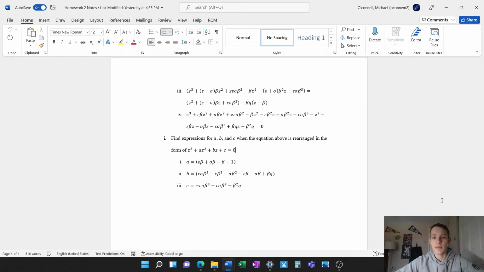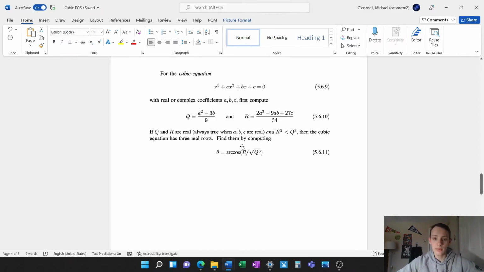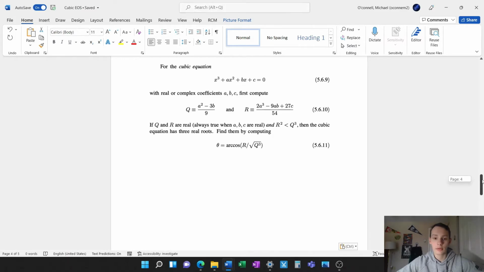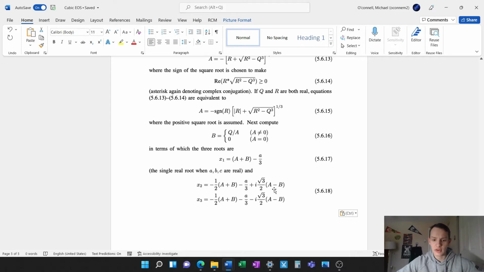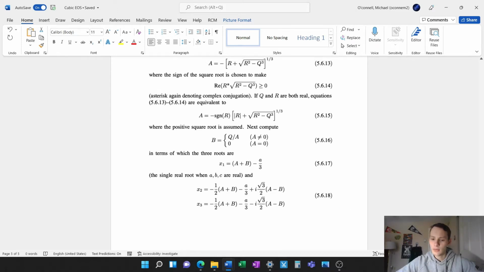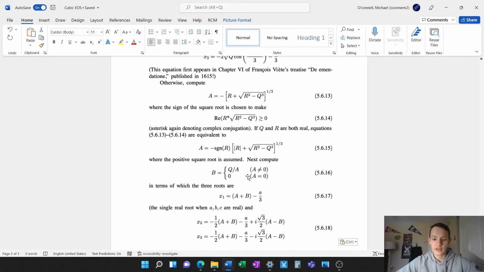And as you can imagine, that is going to be the case with Cardano's formula, in which there's one real root. And of course, I believe, yes, there are imaginary roots, but that's not going to be our focus, obviously, because we just want that actual specific volume value of that material that's past the critical point.